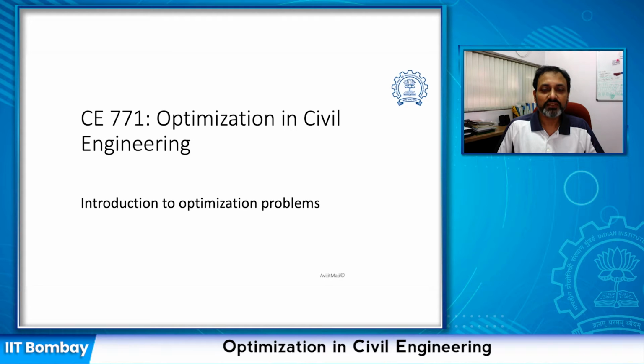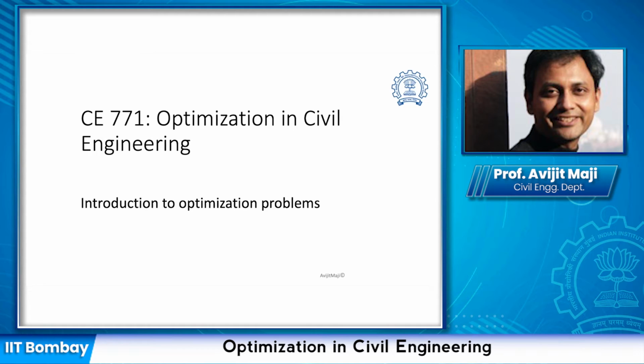We'll briefly discuss the various steps involved in developing the mathematical representation of the optimization problem and the generic techniques to solve an optimization problem. With this, let's start this class and know more about optimization in engineering, particularly civil engineering.